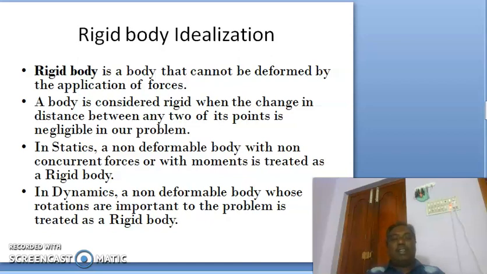We will be studying that under different topics that are strength of material or mechanics of solids, or else fluid mechanics, gas dynamics and all. So here under the topic engineering mechanics, we only have two types of bodies: particle and rigid body.